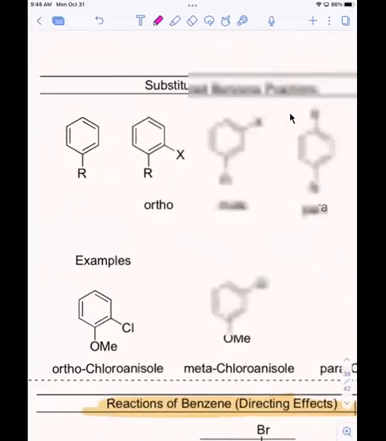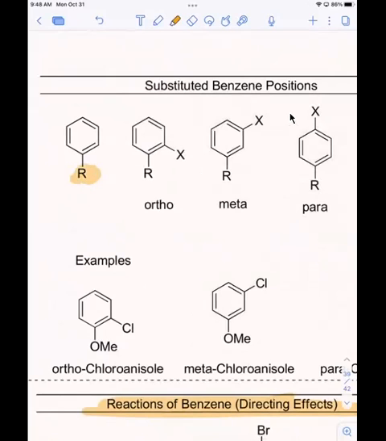If R right here is a donor, and we'll talk more about ortho, para and meta in a second, then ortho and para positions get activated. If R is an acceptor, then the meta positions get activated.